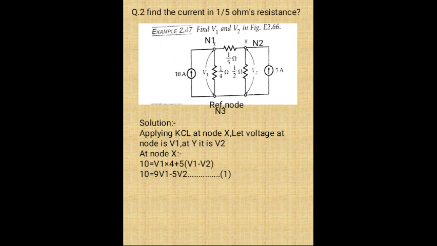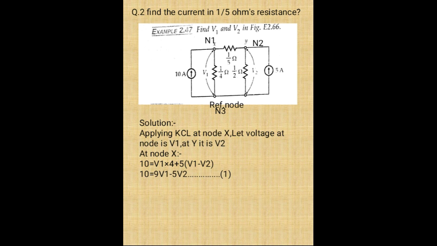In the second step, we consider one node as the reference node. In the given network, we assume node number 3 as the reference node. And in step 3, we consider the node voltage as V1 at node N1, V2 at node N2, and the voltage at the reference node is 0.